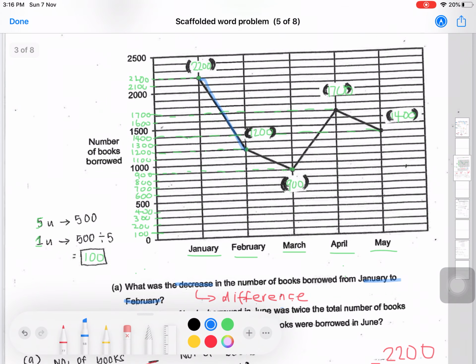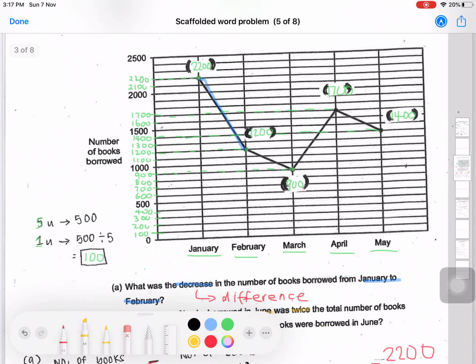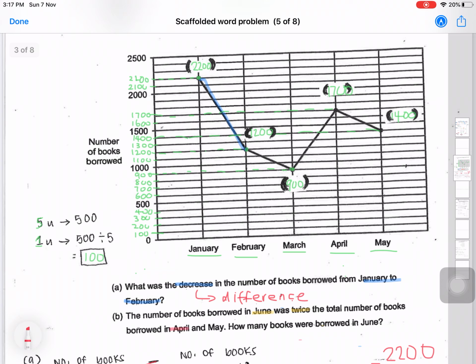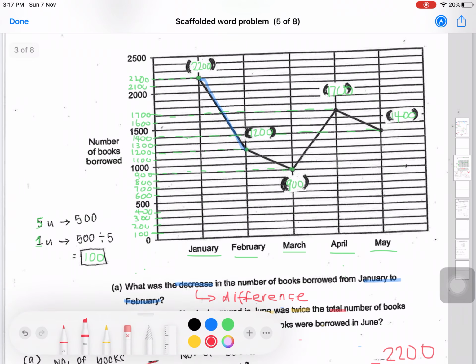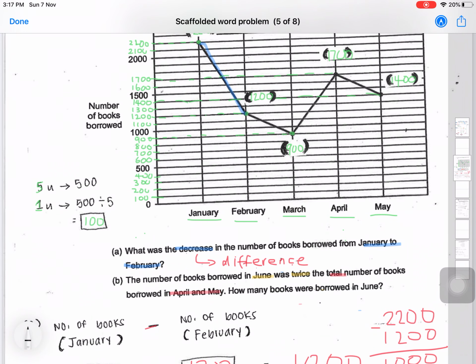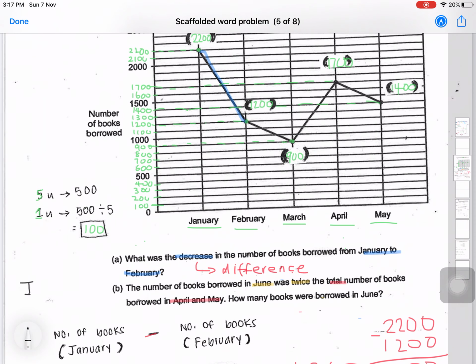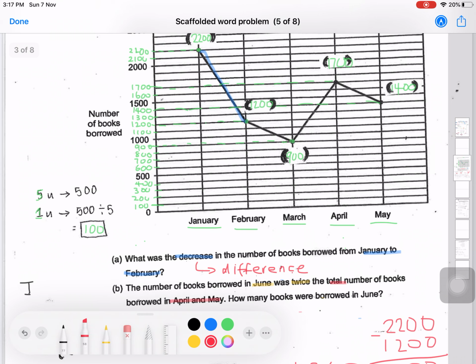Let's read question B. The number of books borrowed in June was twice the total number of books borrowed in April and May. How many books were borrowed in June? So if I were to draw a model to represent this question, it is saying that June was twice.